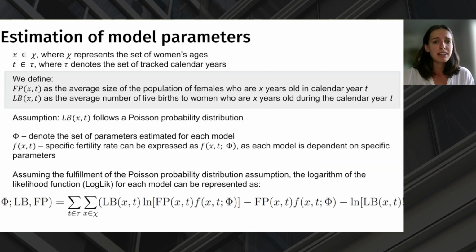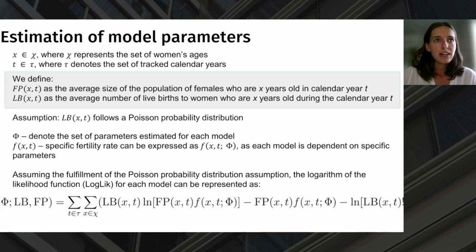In a significant part of our work, we focused on estimating parameters of the introduced models. So let X in He, where He represents the set of observed ages of women, and T in Tau, where Tau is the set of observed calendar years.